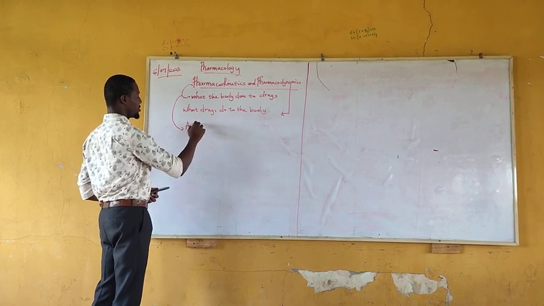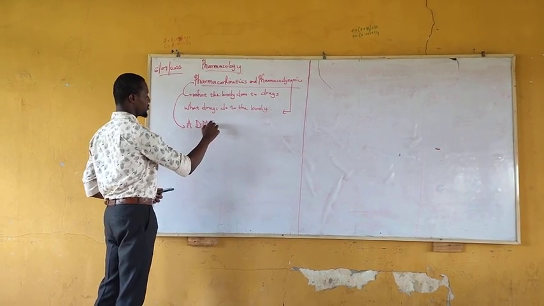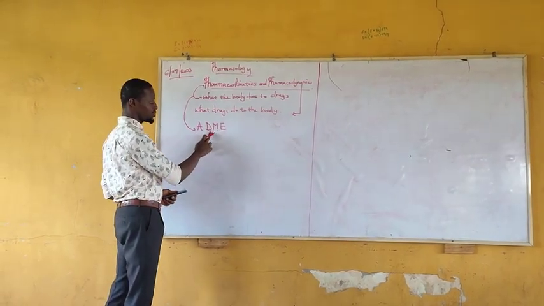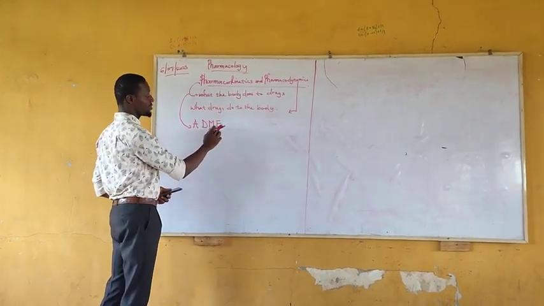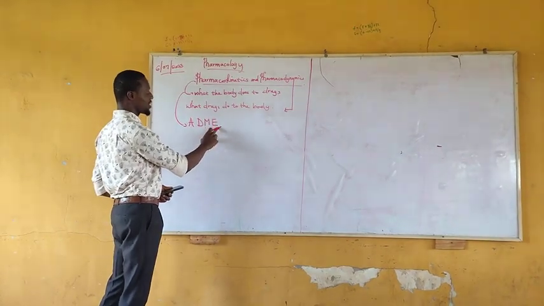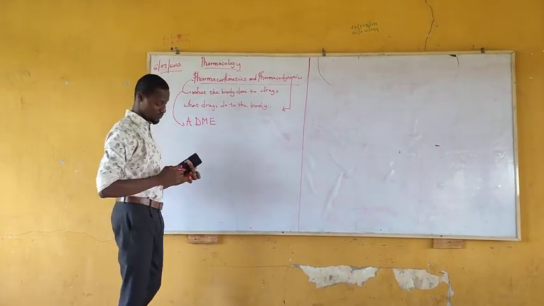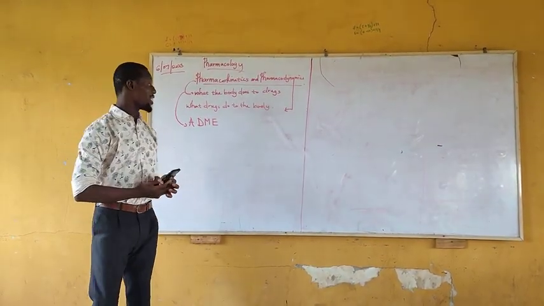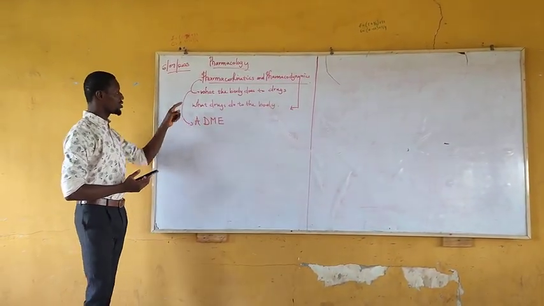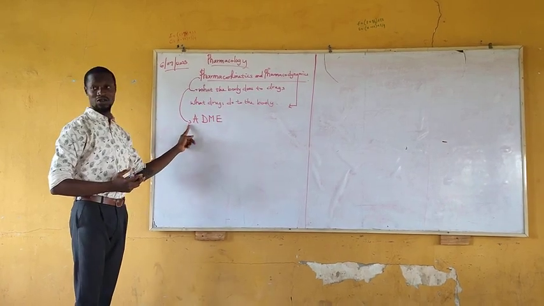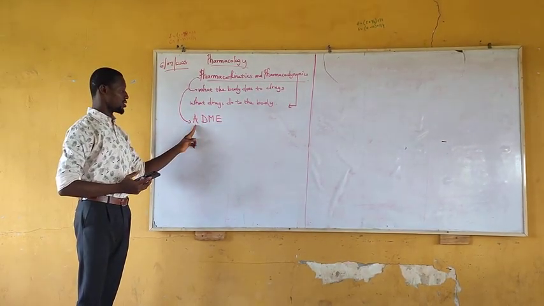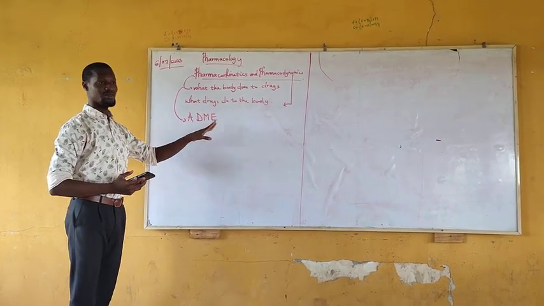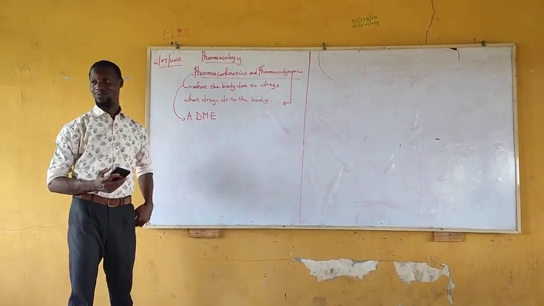So under pharmacokinetics, most of the things we talk about would fall under this acronym: absorption, distribution, metabolism, and sometimes you say elimination or excretion, because in a way they are a bit different. So almost everything we talk about is absorption, distribution, metabolism, and excretion.